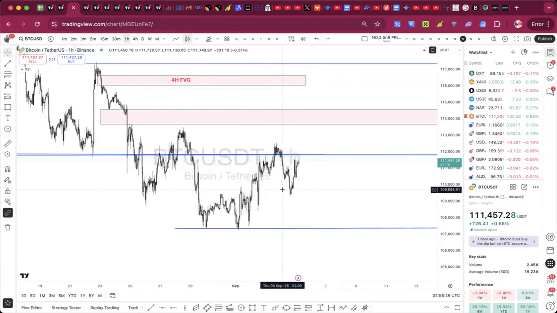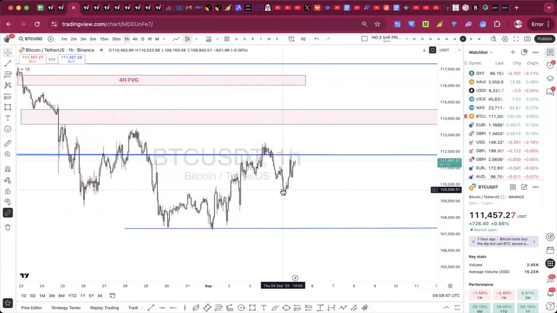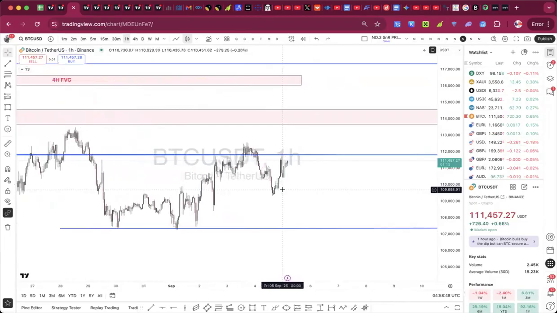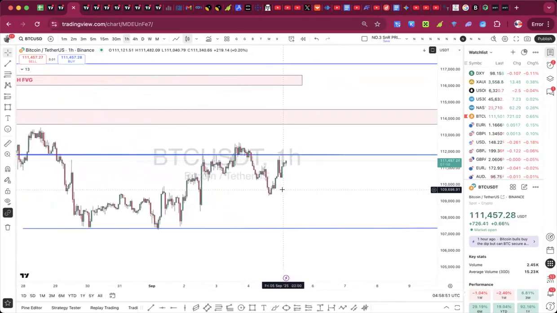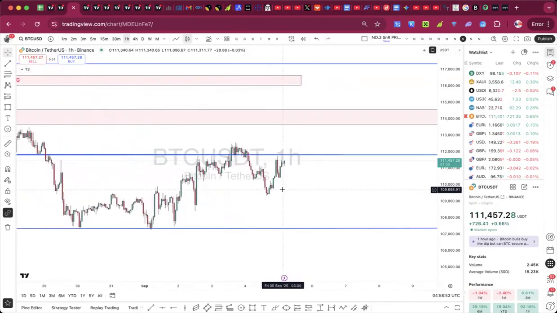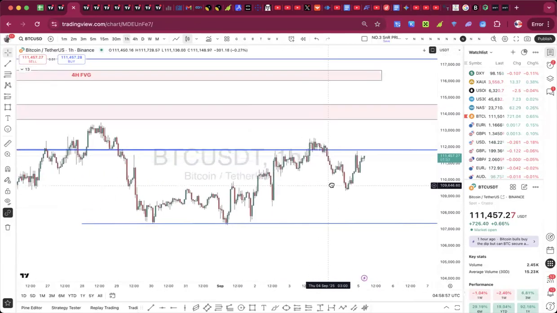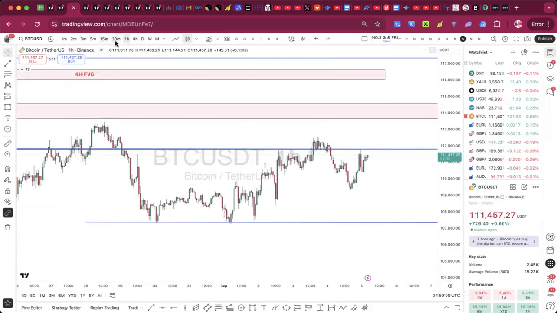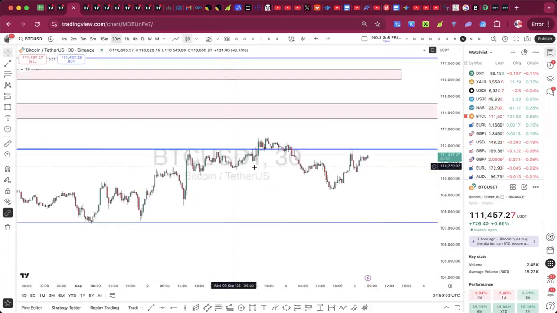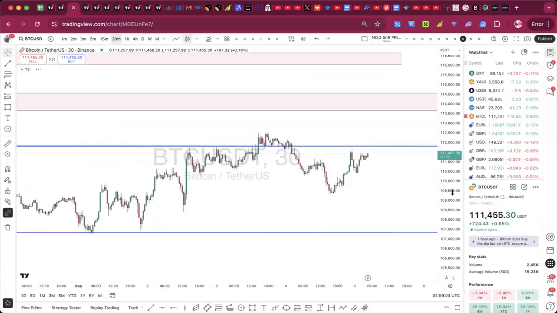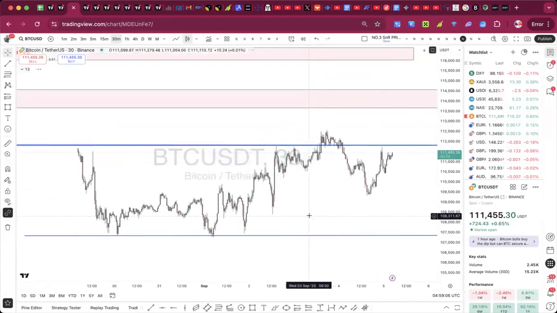So let's go 1 hour time frame. Whatever you must have been doing here will have been scalping, not proper trading, because it's an undefined kind of movement. But even when you are on a lower time frame and finding a trade, you are conscious of the fact that the market is on a downtrend.